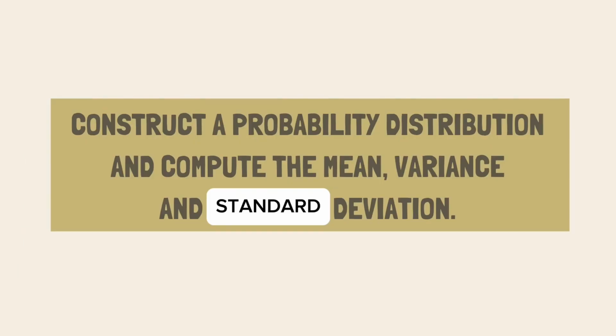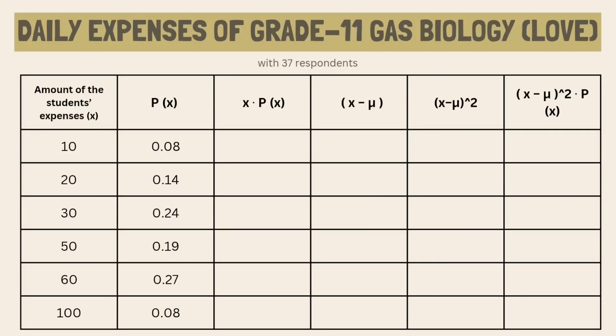So in order to know deeper, we have a situation here or a task. We have to construct a probability distribution and compute the mean, variance, and standard deviation. So we have provided a table here named Daily Expenses of Grade 11 GAS Biology students with 37 respondents.